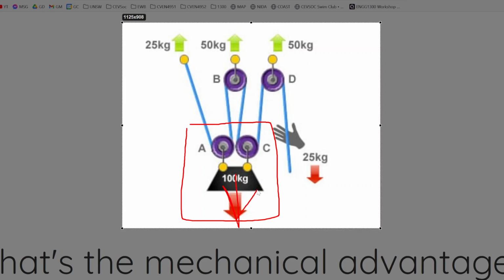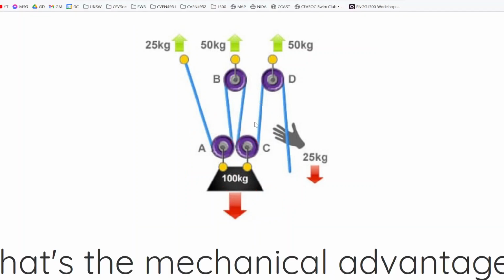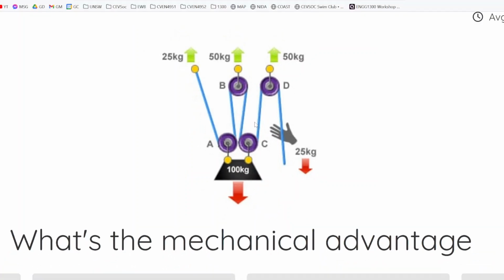Essentially, there's your weight, and we're analyzing these to be all the same rope, right? Yep. So 4 times mechanical advantage. 4 to 1, I think it's cool.